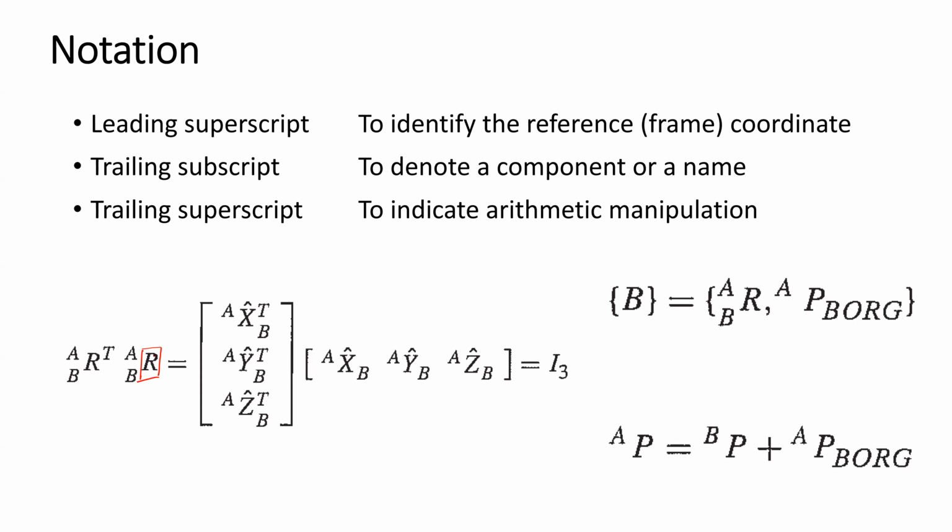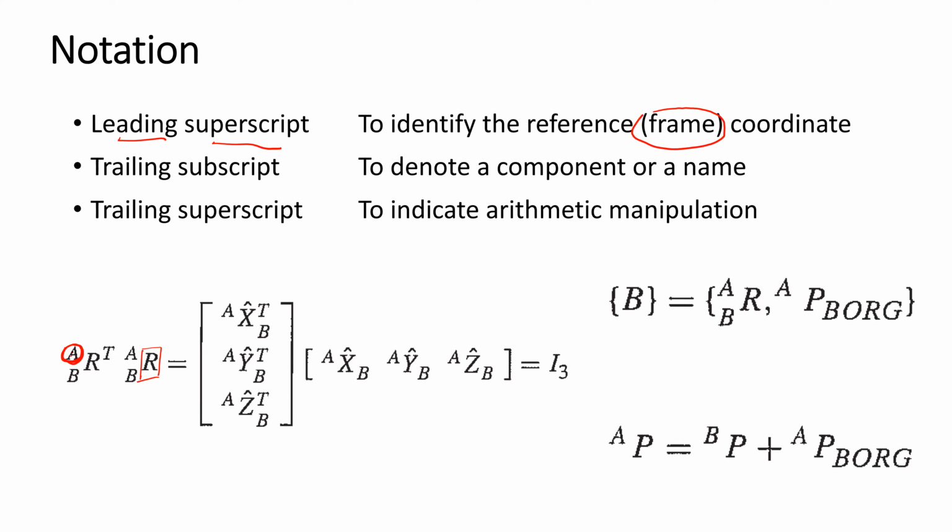The second important thing is this one. This is the leading superscript, which is the superscript that comes at the top left of the letter. The leading superscript is always the reference frame.